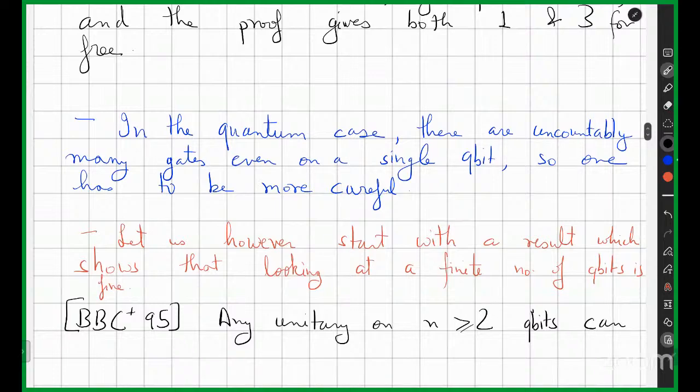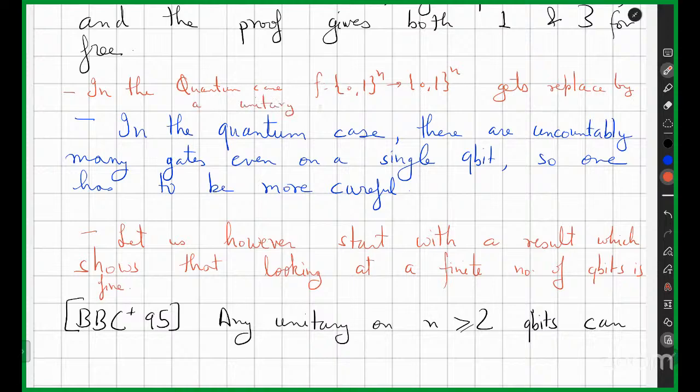So here, this is what it means. In the quantum case, F gets replaced by a unitary U. Okay, so now this result will make sense.